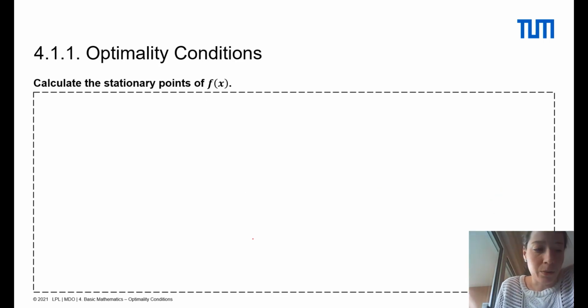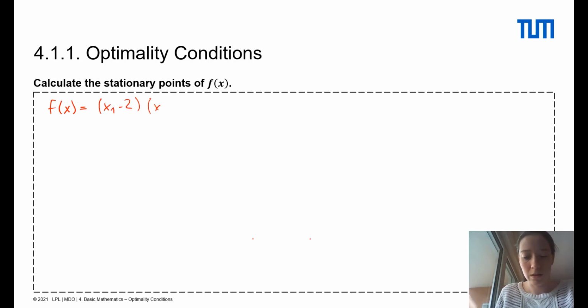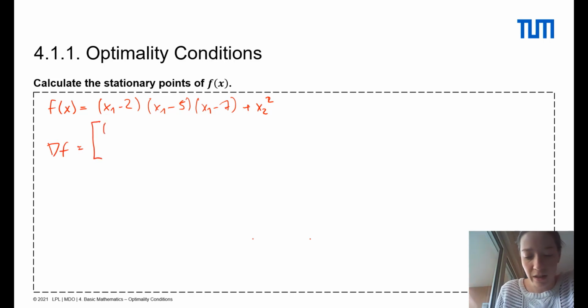Calculate the stationary points. We have f of x is x1 minus 2 times x1 minus 5 times x1 minus 7 plus x2 squared. So we build the gradient. The first component of the gradient is the partial derivative of f with respect to x1.